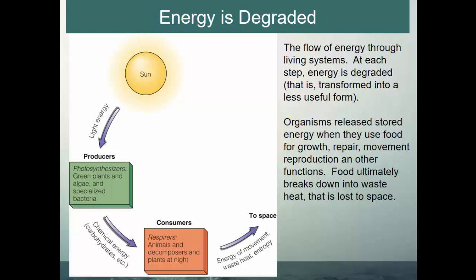And so respirers, or animals, we take in oxygen, and we use that oxygen to break down the carbohydrates we take in to give us energy, and then the heat of our movement is waste, and that's what's lost to space, and that's where entropy comes into play. It starts out as light energy and ends up as waste heat energy, so it degrades throughout the entire process.